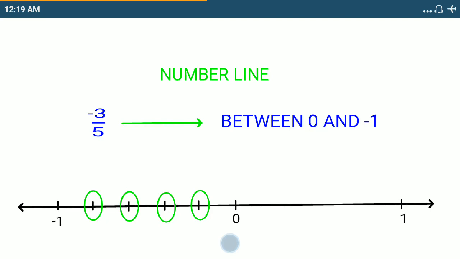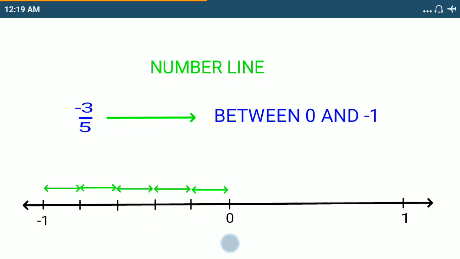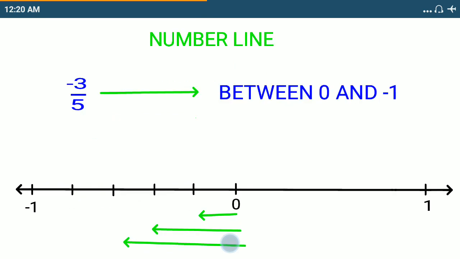For this we draw 4 lines which divide it into 5 equal parts and mark minus 3 by 5, 3 parts away from 0.